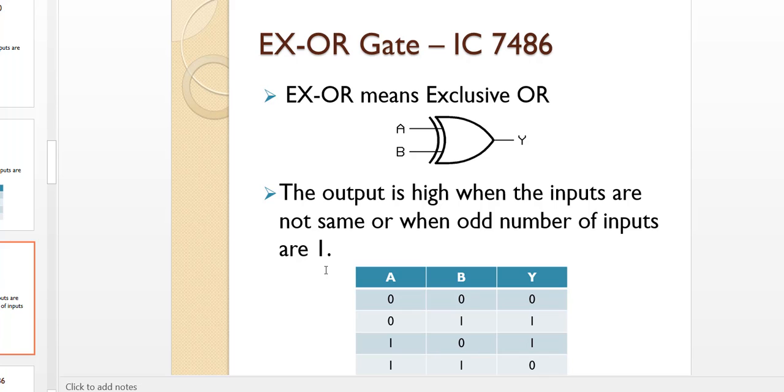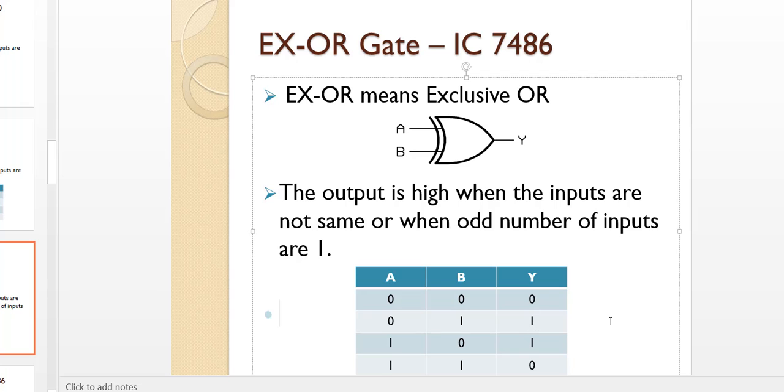Here the inputs are the same, so the output is low. Here the inputs are not the same, so the output is high. 0 1 not the same, output is high.